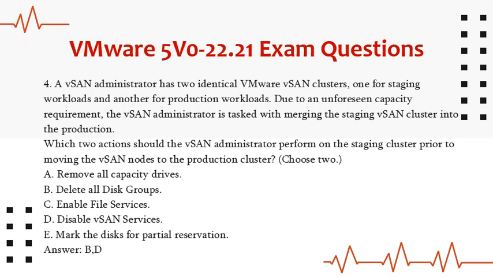Choose 2. A. Remove all capacity drives. B. Delete all disk groups. C. Enable file services. D. Disable vSAN services. E. Mark the disks for partial reservation. Answer: B, D.